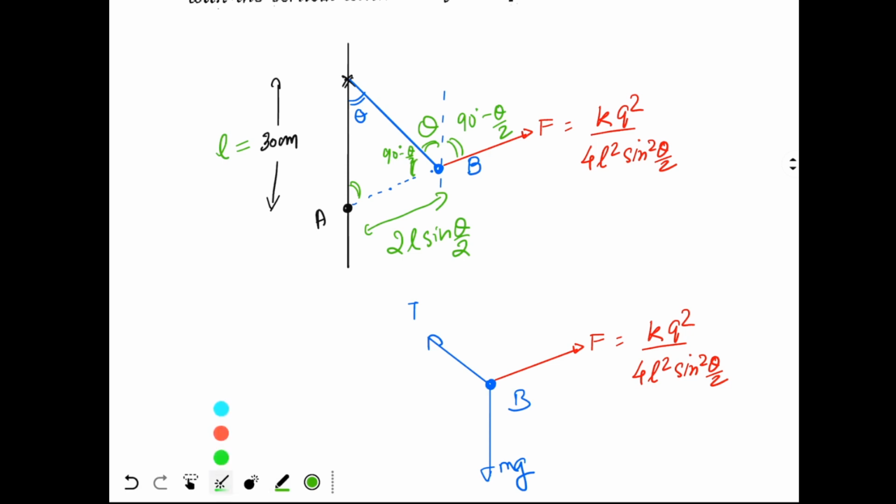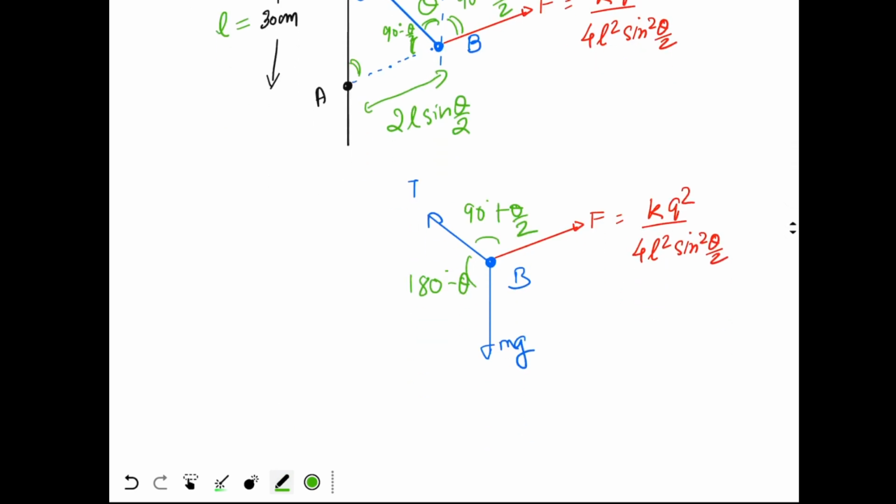So what about this angle finally? These two angles should be equal, alternate angles. This angle and this angle are equal. So this total angle will be how much? 180 degree minus theta. 90 minus theta by 2, or here also 90 minus theta by 2. So total will be 180 minus theta. This angle is how much? This will be 90 plus theta by 2.